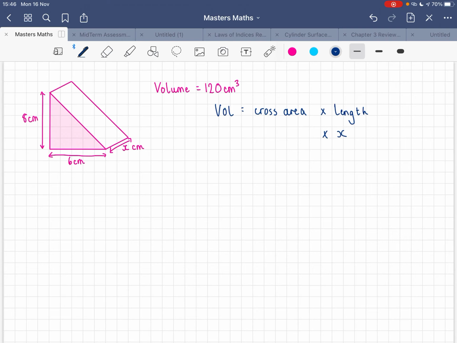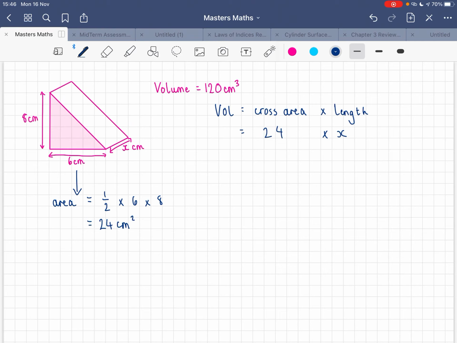In this example, we don't know what the length is, so we're just calling it x. But we can work out what the cross-section area is. So if we find the area of the triangle, we're doing a half times base times height, so 6 times 8. 6 times 8 is 48, times it by half is 24 centimetres squared.